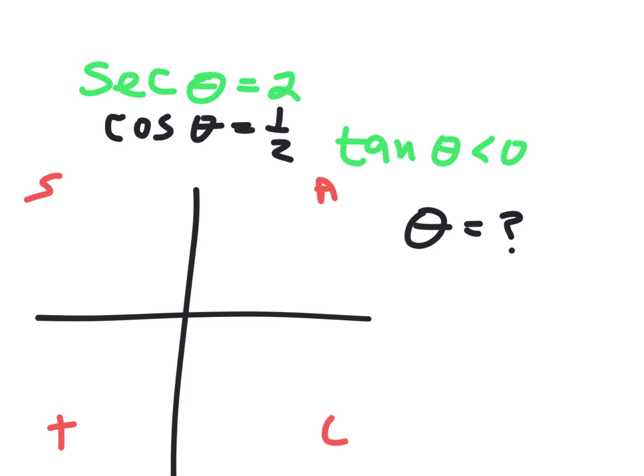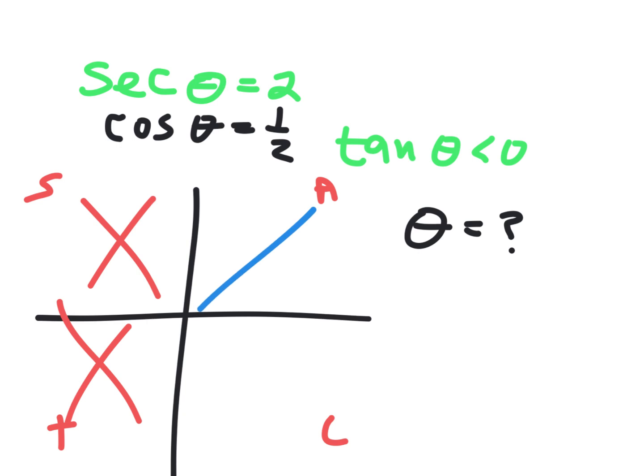So where's cosine positive? That's all I really care about first, is that it's positive a half. So cosine's positive, not here and not here. And then tangent's got to be less than 0. Tangent's got to be negative. Oh, well, then it can't be here because the tangent's negative. It can't be there. So then I know it's here.